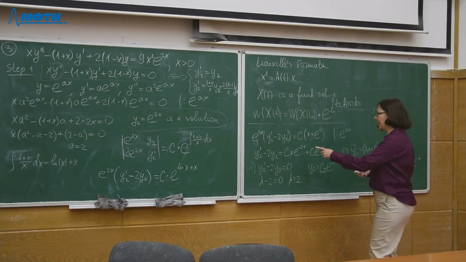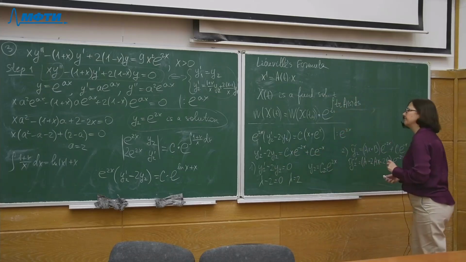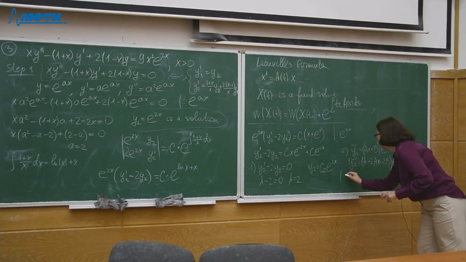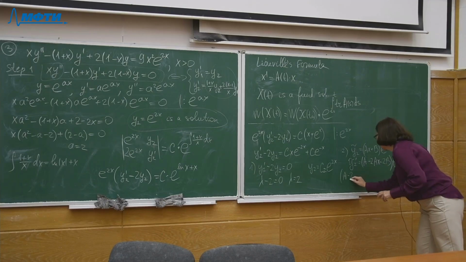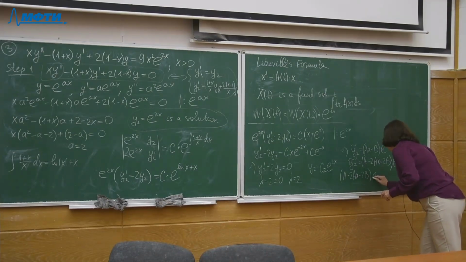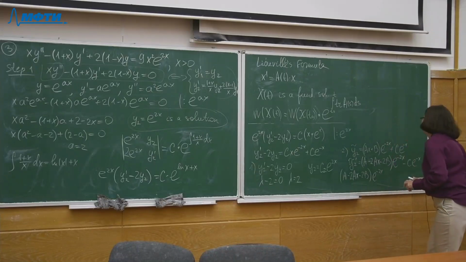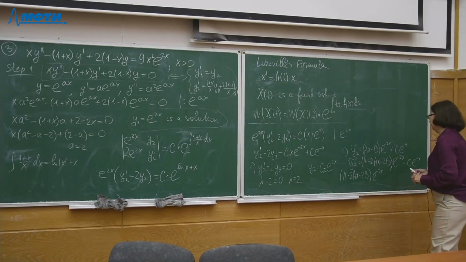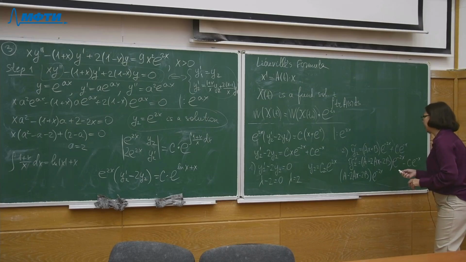And then I will substitute it here. I will get the following: a minus 2ax minus 2b times e to negative 2x. Okay, c is not good. Let it be d.